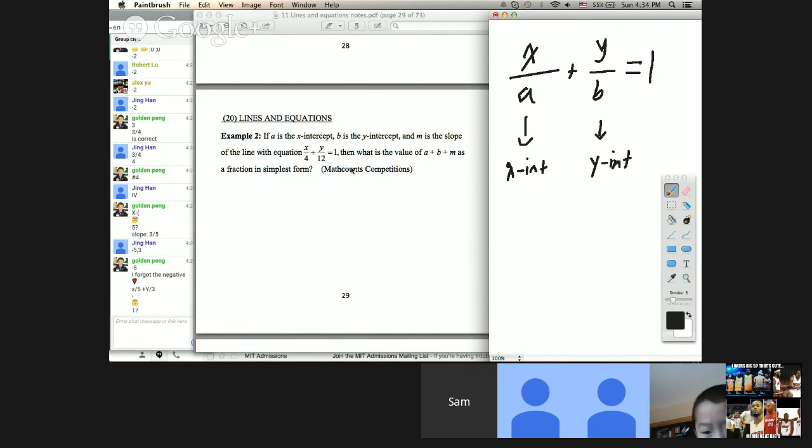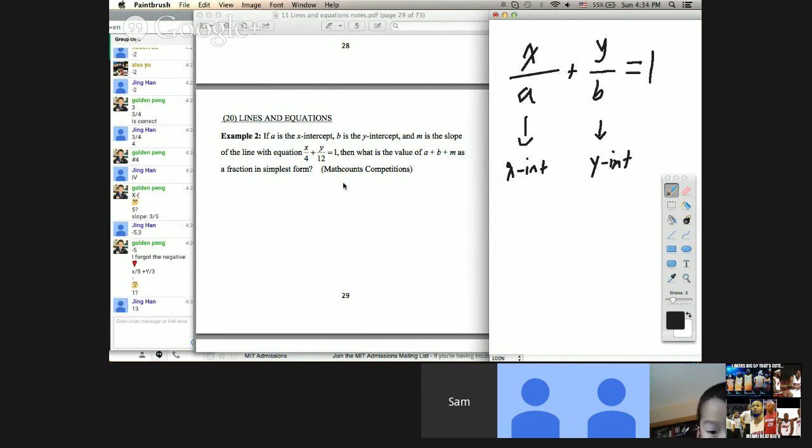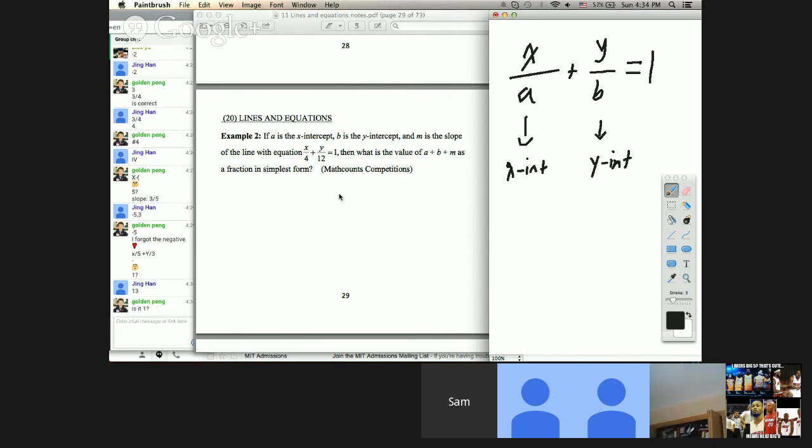So that kind of applies to our problem because basically the x-intercept and the y-intercept are just given to you and all you have to do is find the slope. So you just have to find the slope of this equation. No, not 1.